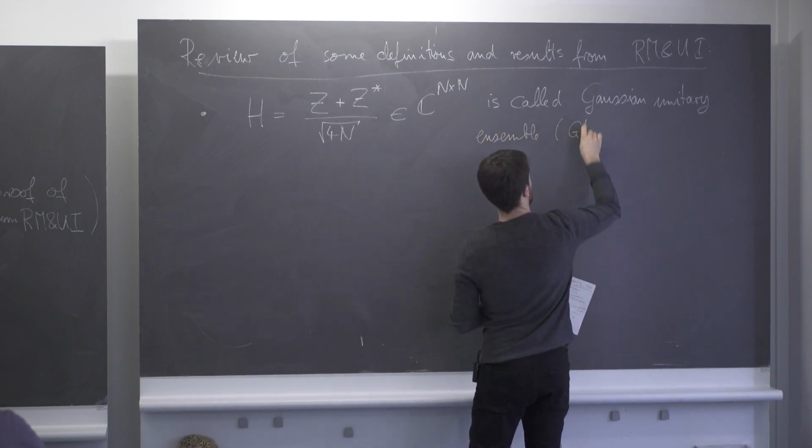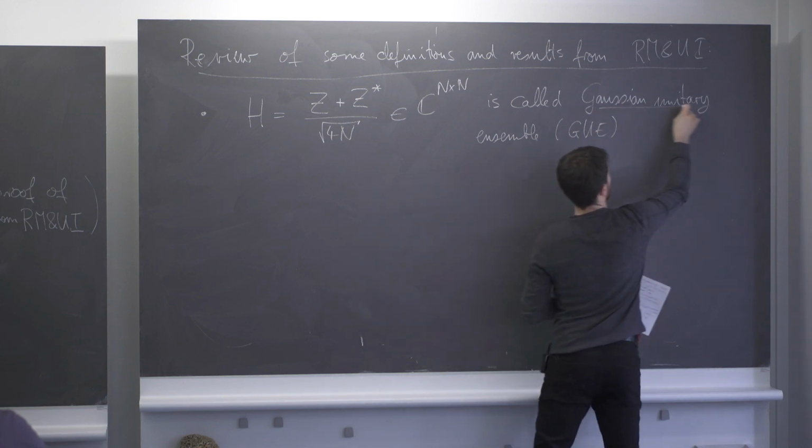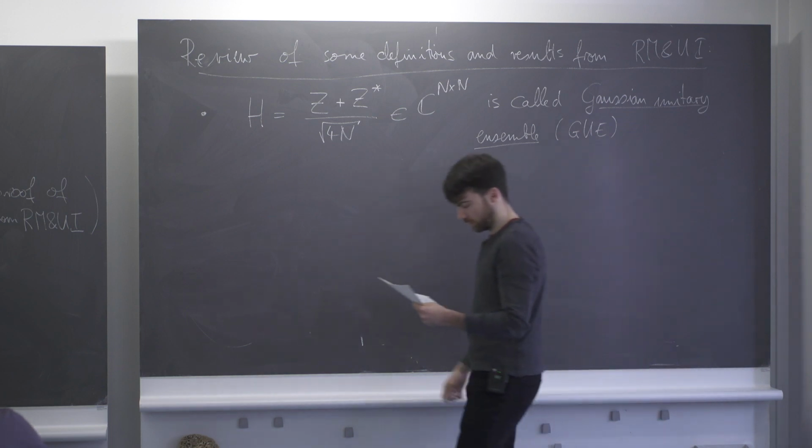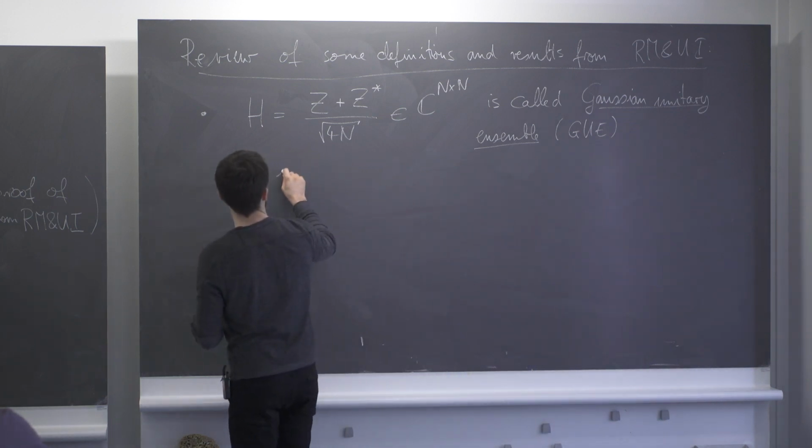The shortcut is GUE. In the following, I'll only use GUE because Gaussian unitary ensemble takes too much time to write.